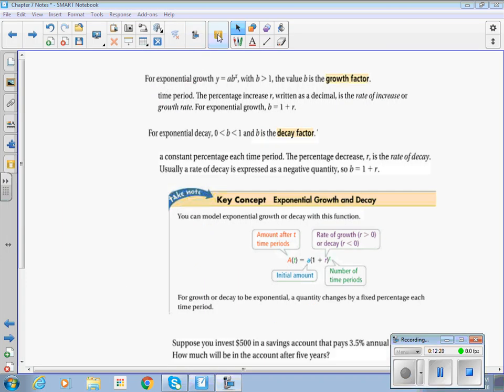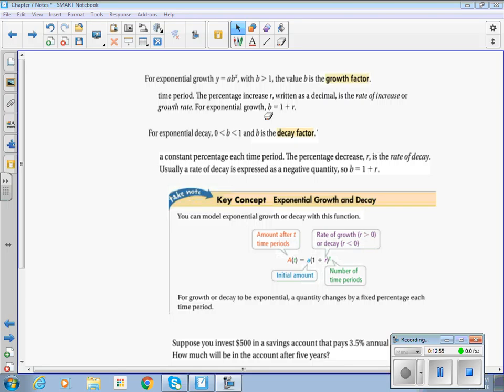All right, so for exponential growth, y equals a b to the x with b greater than 1. b is called the growth factor. The percentage increase r, written as a decimal, is the rate of increase or the growth rate. Be sure to add 1 to your rate before you input it for b in your function.